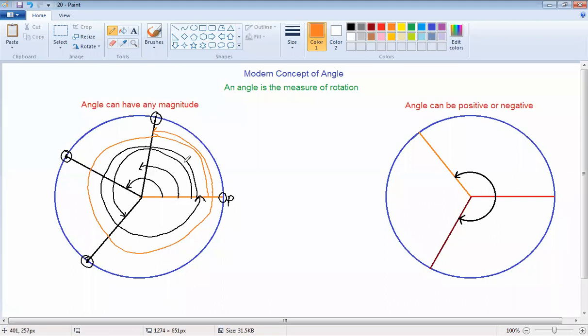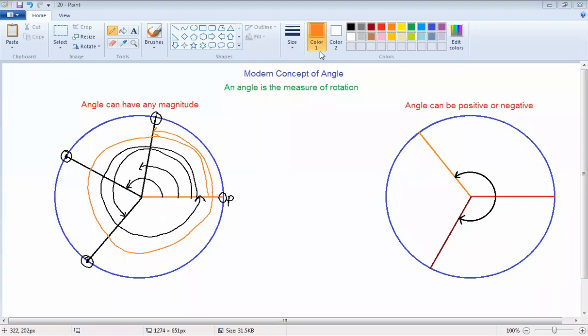Suppose the wheel has completed one rotation, but the wheel has not stopped rotating. The wheel is going on to complete the second rotation also. After completing one rotation, the wheel continues rotating. So what will be the angle formed?